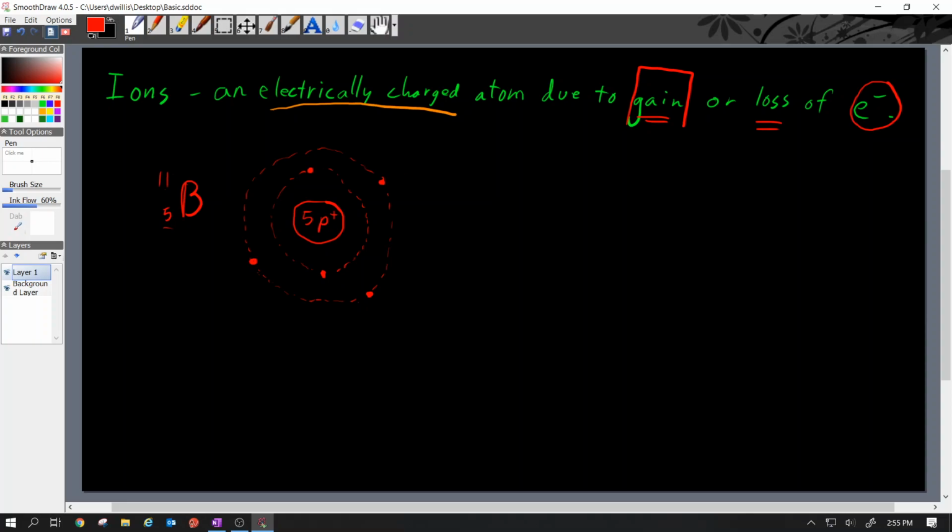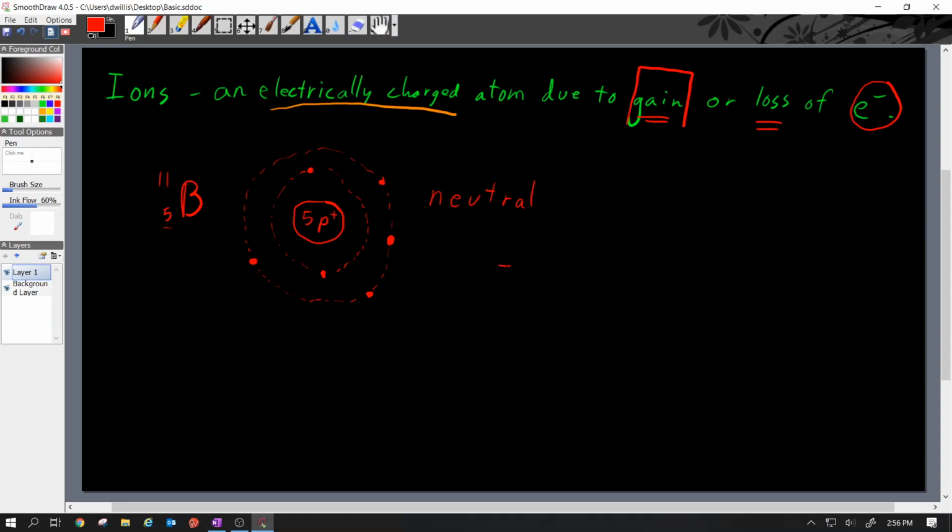So if we've got 5 protons and 1, 2, 3, 4, 5 electrons, what will the overall charge be? Yeah, the overall charge will be 0, and so that atom will be neutral. Now, what if I were to gain another electron? Now it's got 5 pluses and 1, 2, 3, 4, 5, 6 minuses.